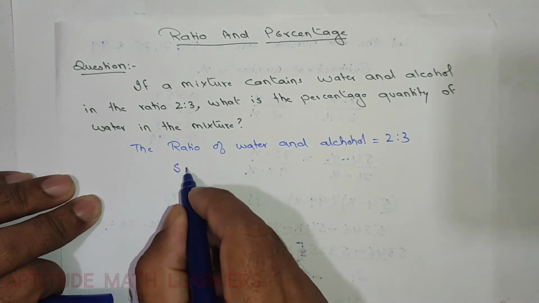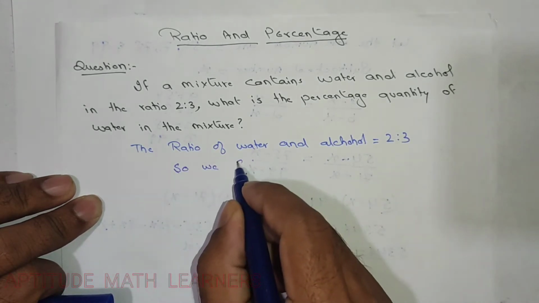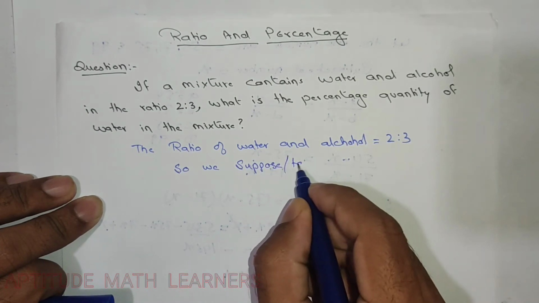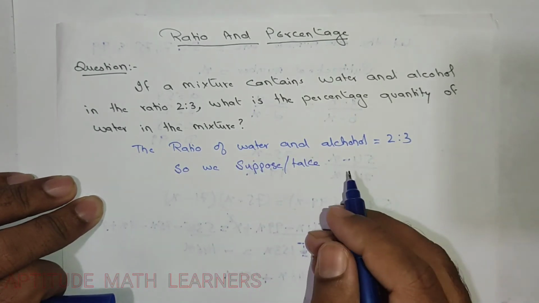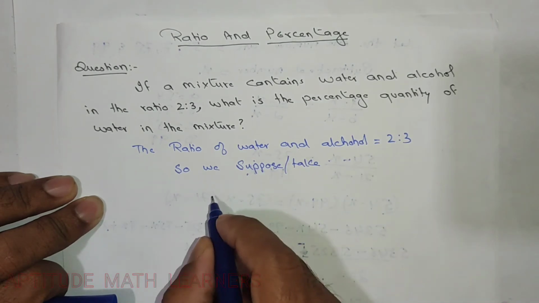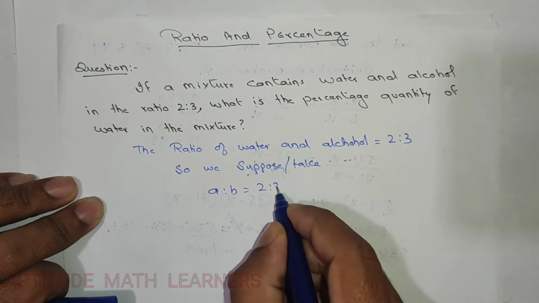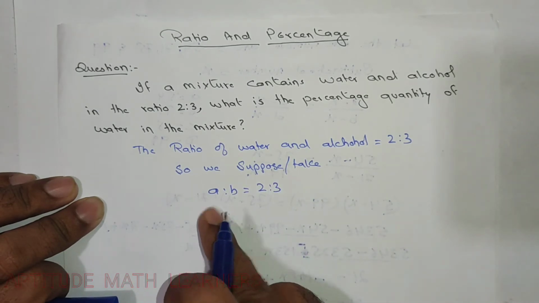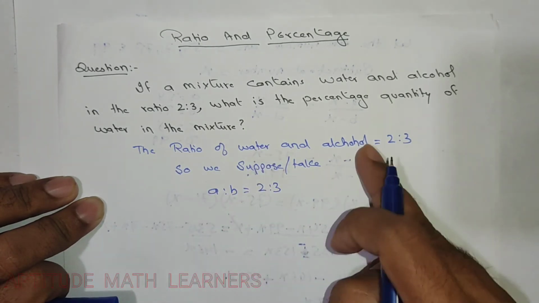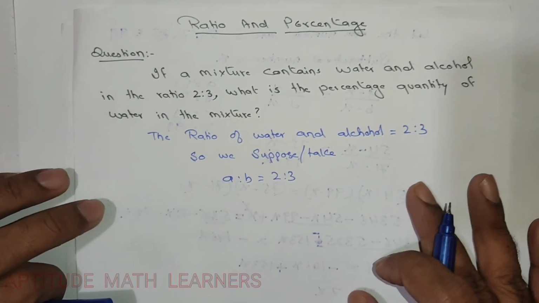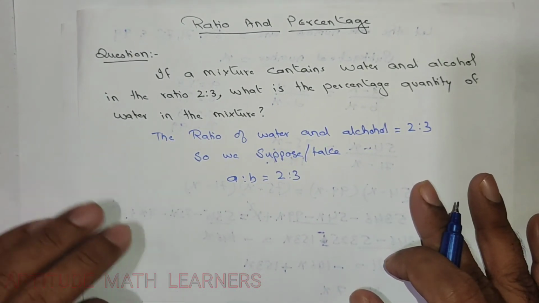So we suppose, or take, you can say whatever you want, A ratio B is equal to 2:3. So A is for water and B is for the alcohol.